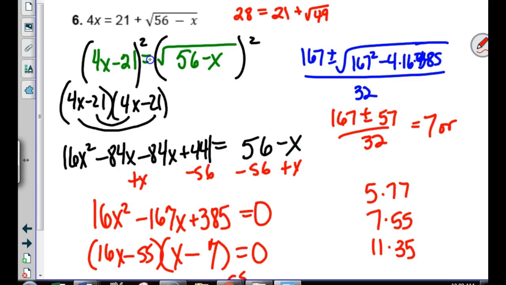What was it? It was 55 over 16. So if I do 56 minus 55 divided by 16, math, enter. Oh, I'm supposed to square root that. That's this part over here. Square root of that answer.